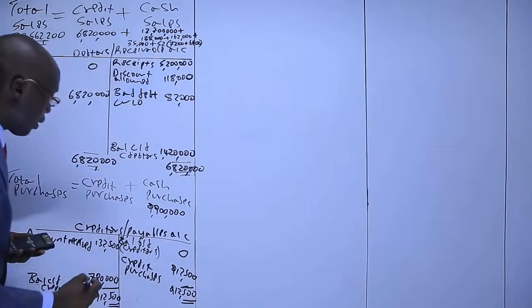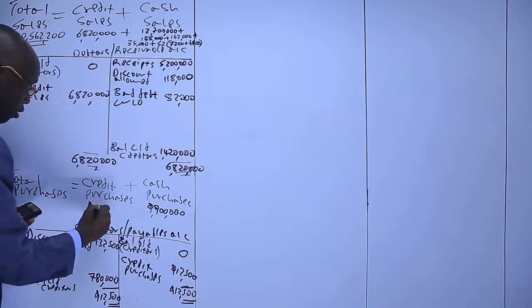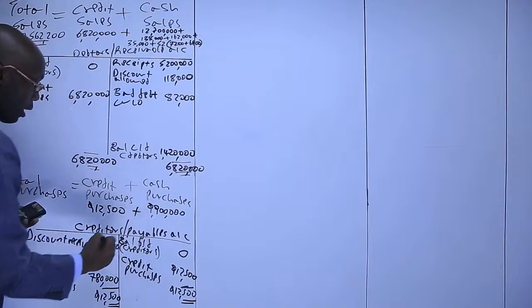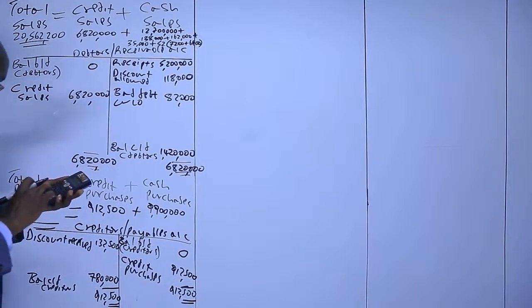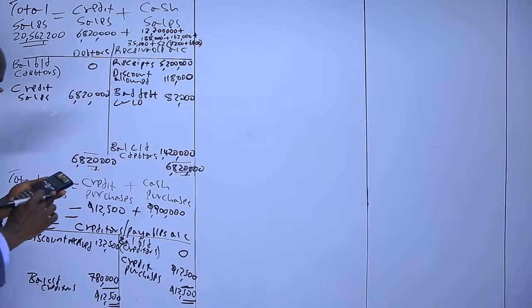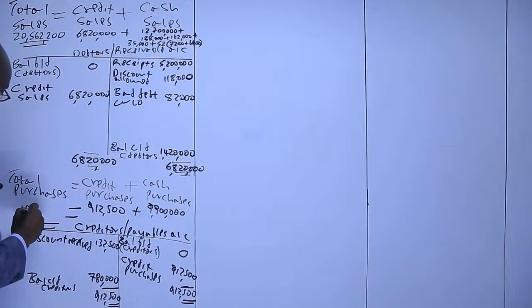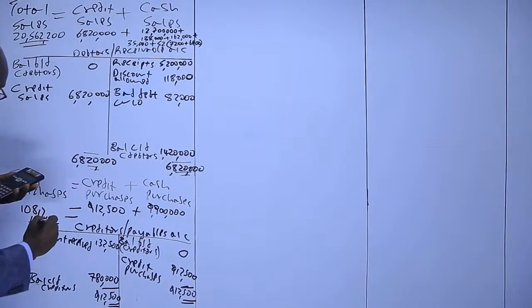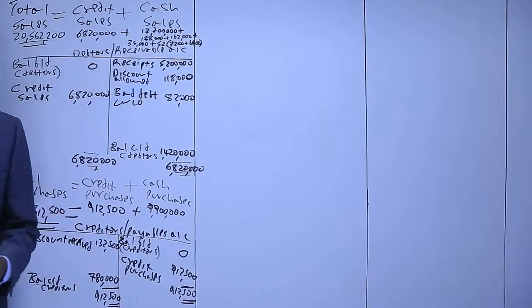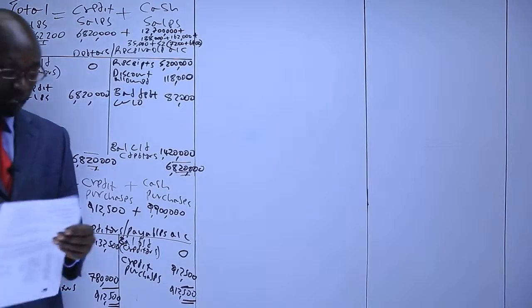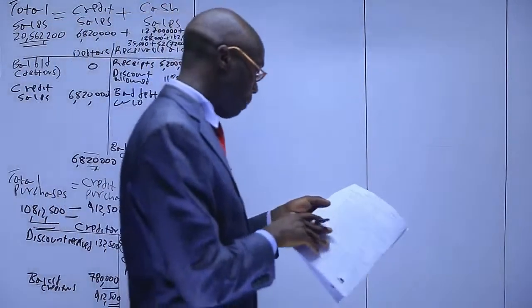We transfer that one here, 912,500, and then now we add the cash purchase. So plus 9,900, which gives us 10,812,500 there. With that one now we can prepare the statement of determining the taxable income.